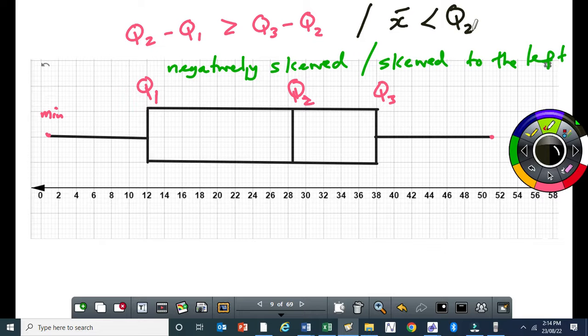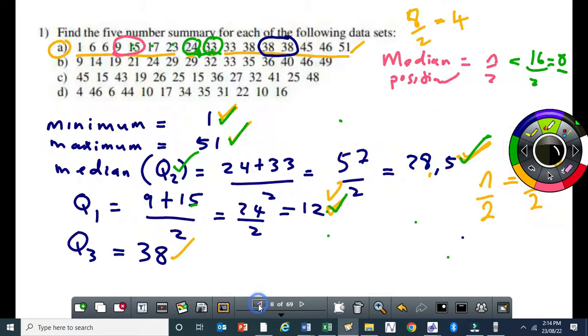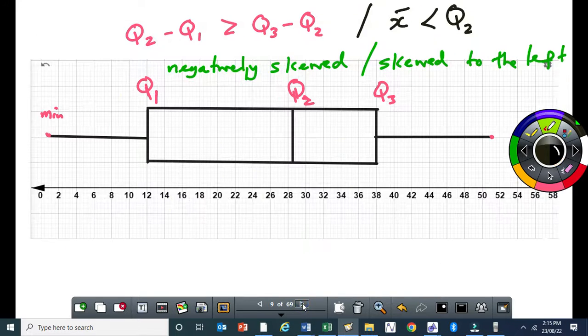Well, let's go back to the data set and verify. Did you calculate the mean for this data set? Can you find the mean? Okay, so if you look at it, our Q2 is equal to 28,5, but the mean x bar is 26,4.